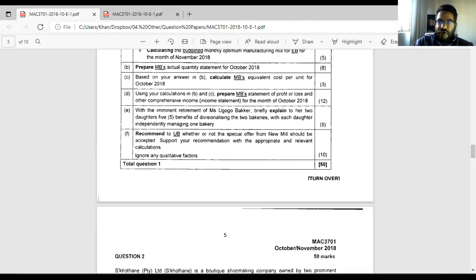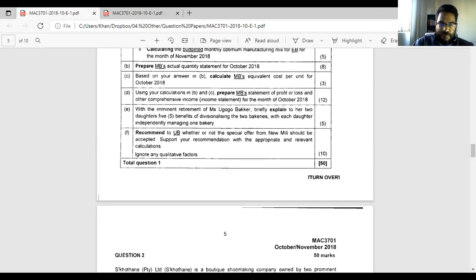Now I'm going to switch over to Google Sheets. You should be able to see Google Sheets, and I'm going to deal with question D. We did Q1A, Q1B, as well as Q1C. This here is Q1C.